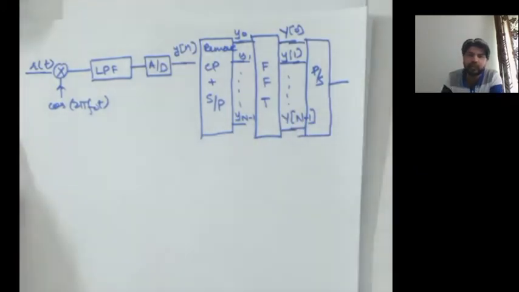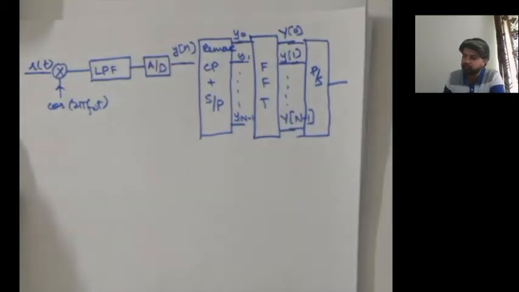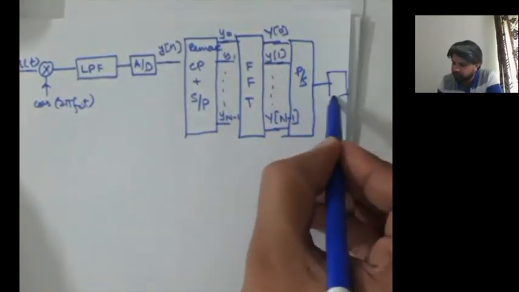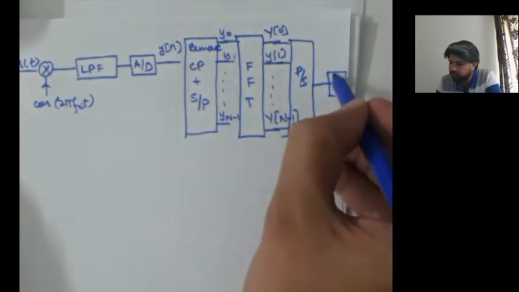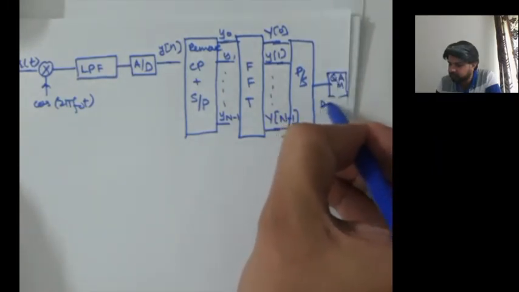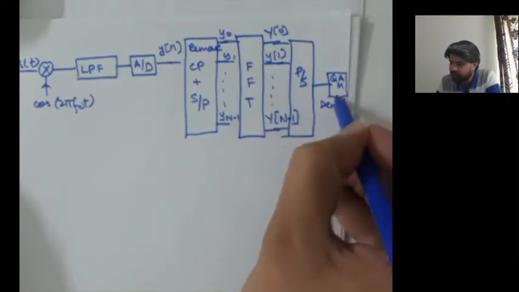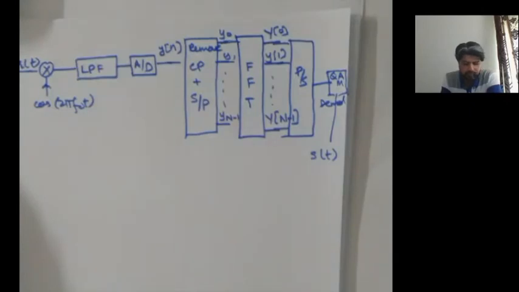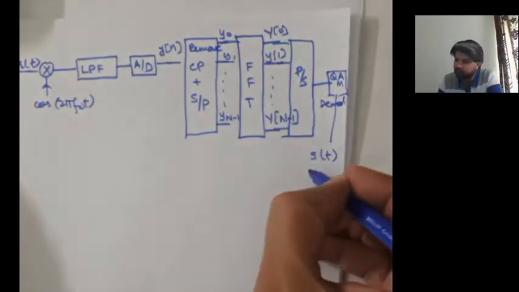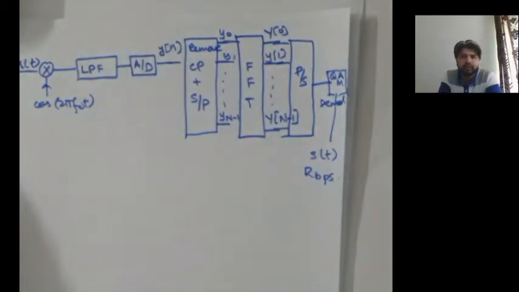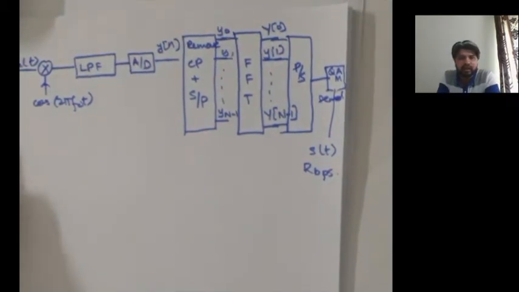So for example, if you have carried out QAM modulation, you would have a demodulator here, so this would be, for example, a QAM demodulator, and that would give you your signal S of t, right? Plus, of course, noise. So this would have a rate of r bits per second. So that is the inverse operation you carry out at the receiving end.